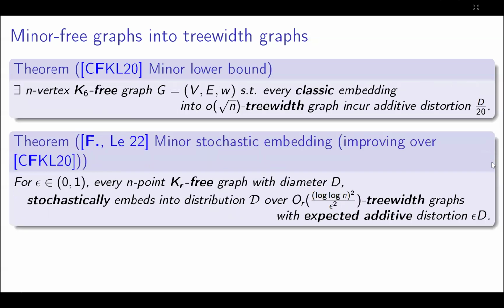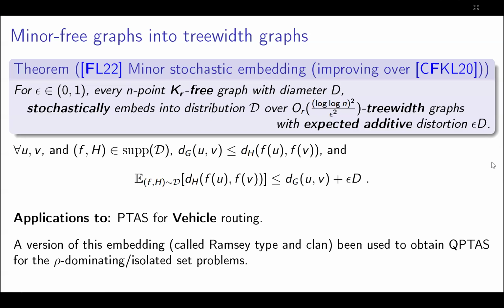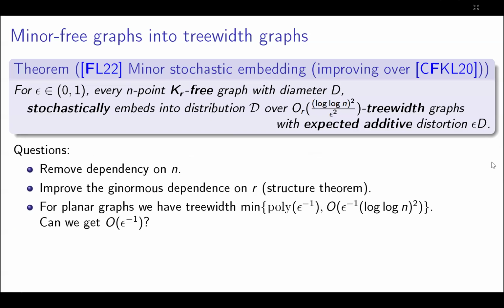We show, Cohen-Addad, Hung and Klein, using stochastic metric embeddings, you can get additive distortion in expectation epsilon d, and the tree width is not exactly 1 over epsilon; you get a log factor, but it's still good enough for a polynomial algorithm. It's open to remove the dependency on n here. This is one open question.